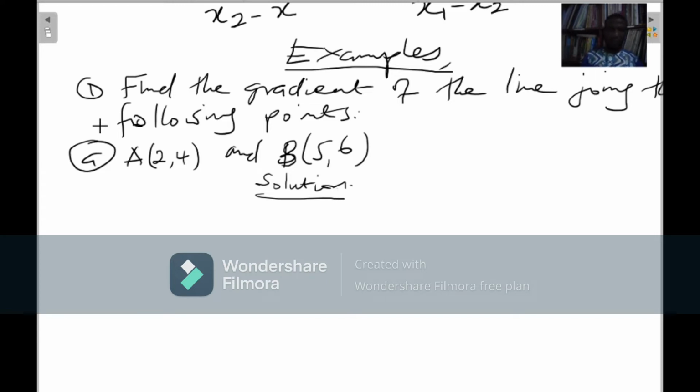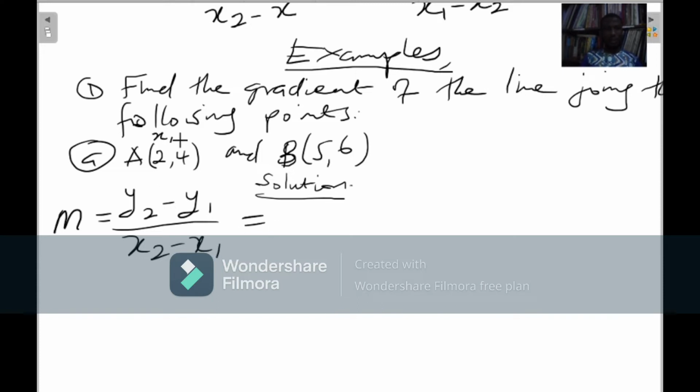Using our formula, m equals y2 minus y1 all over x2 minus x1. And like I always like to do, let me label them x1, y1, x2, y2. So our y2 is 6 minus y1 is 4 all over x2 is 5 minus x1 is 2.